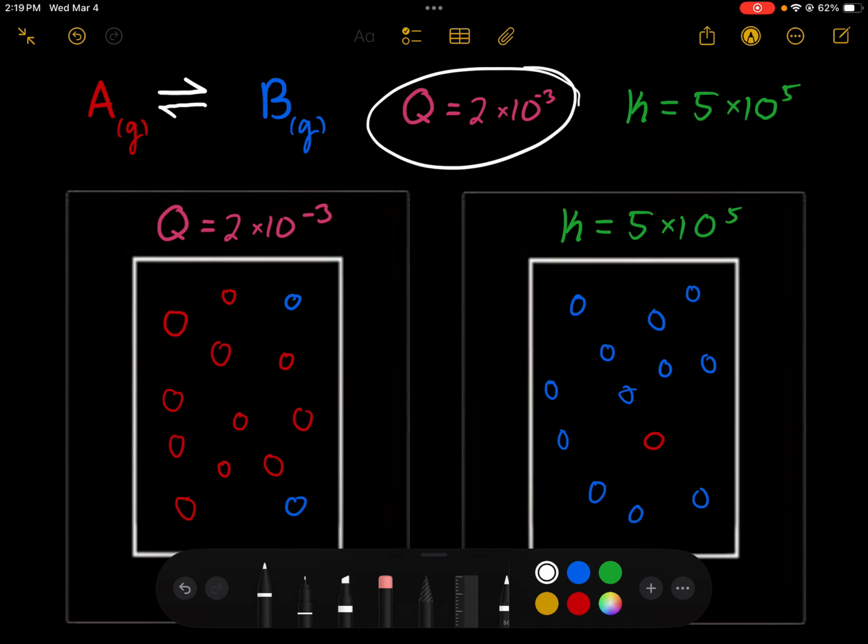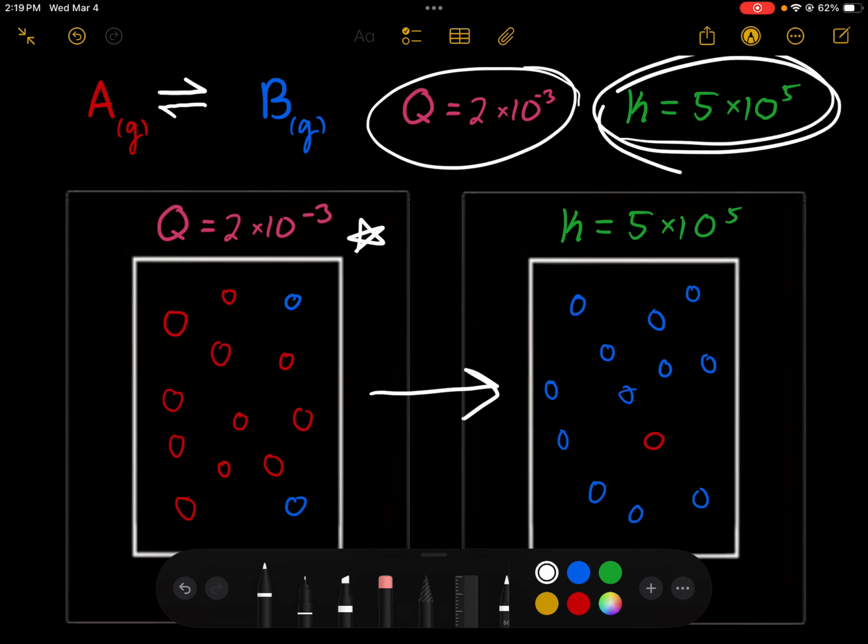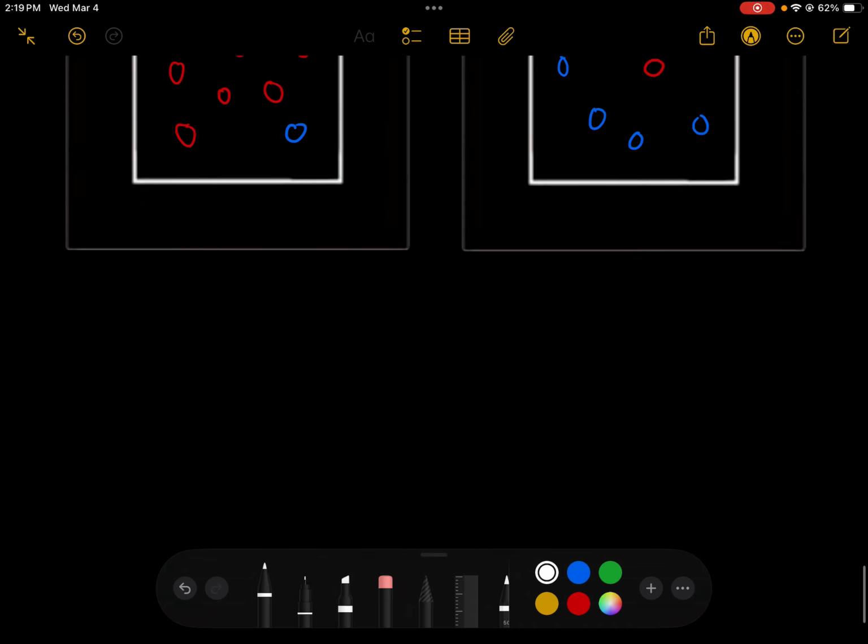So currently, I have a lot of reactants present, but we know that the reaction is going to proceed towards equilibrium, and its equilibrium state has a high K value, meaning that there's a lot of products present at equilibrium. The way to get product is to go to the right. So my reaction will proceed to the right towards equilibrium because Q happens to be smaller than K at this moment in time. All right?